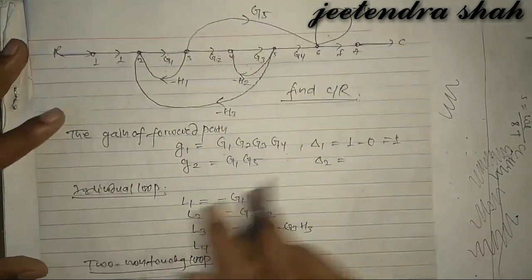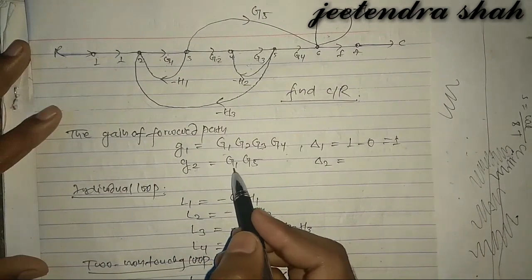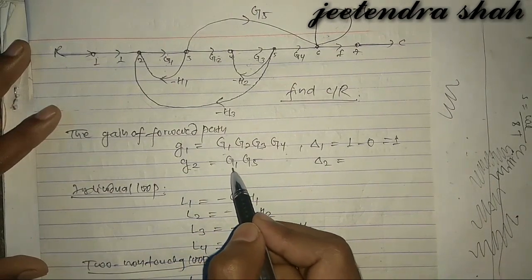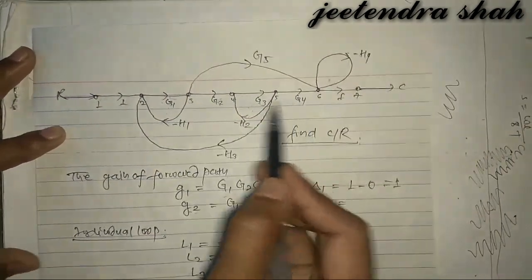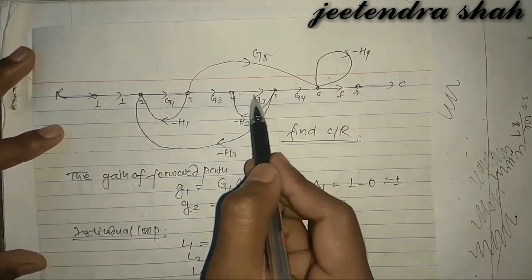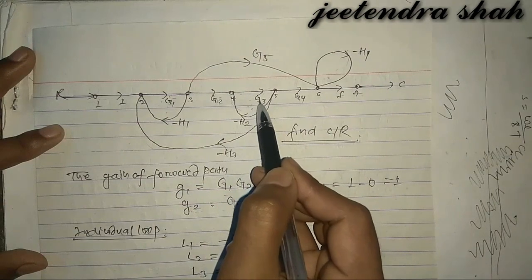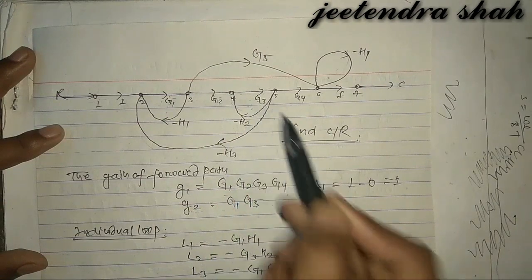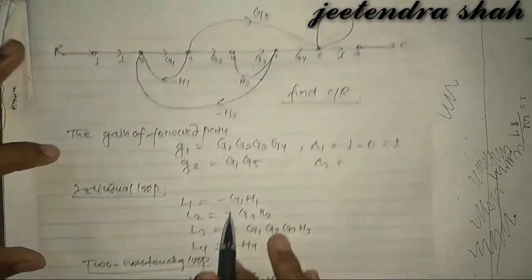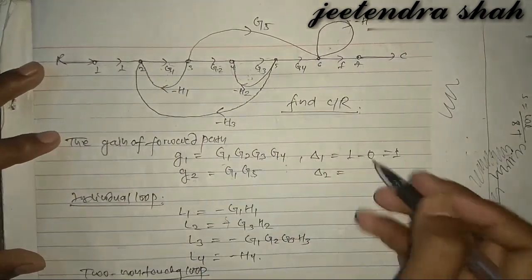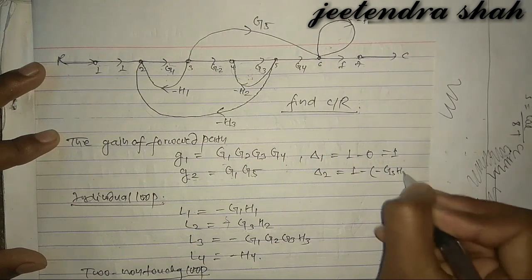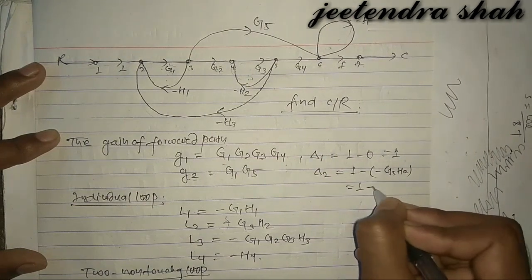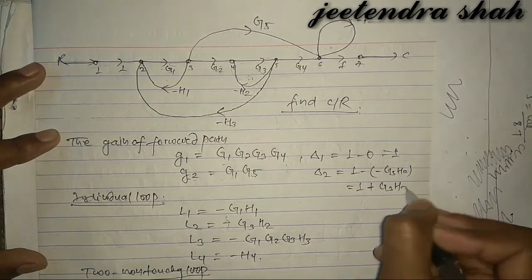In del 2, for the path G1 and G5, we have one non-touching loop, L2, which is minus G3 into H2. So we write 1 minus minus G3 H2, which gives 1 plus G3 H2.